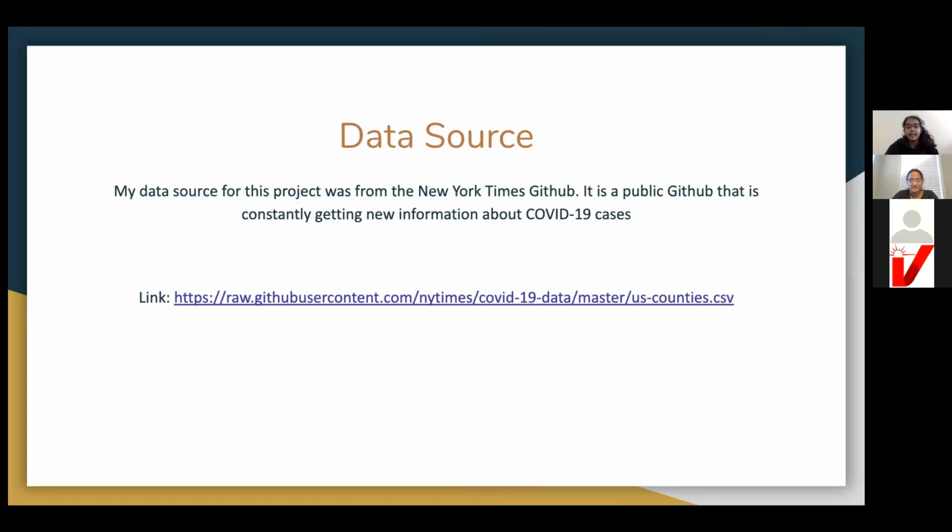It is a public GitHub that is constantly getting new information daily about the COVID-19 cases. I did this project in August, so I only have data until August, but it has been updated ever since, and below is the link.